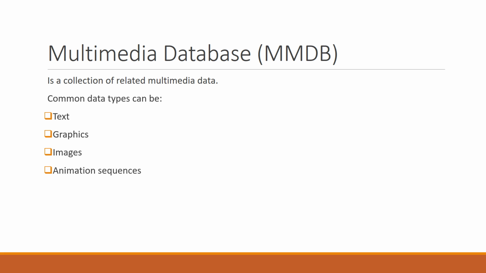And can be also animation sequences, animated images or graphic objects. Can be video, a sequence of images, frames, and also audio, which can be generated from an oral recording device. And can be composite multimedia, which is a combination of one or more of any data types from the above.